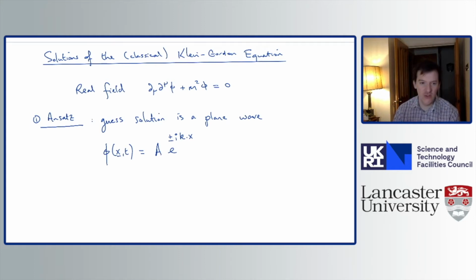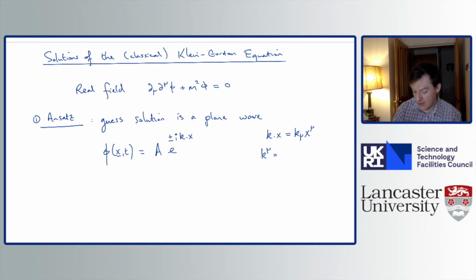Now here, let me remind you, I'm using 4-vector notation, so this k dot x is shorthand for k mu x mu. Here k mu is the wave vector, and let me write down the index up.